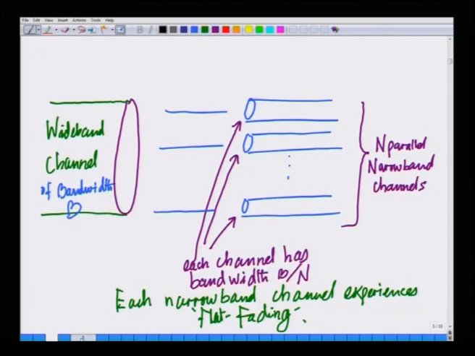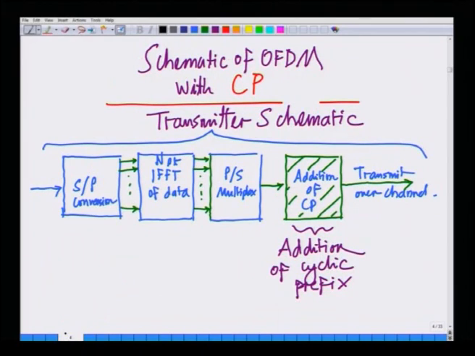And we also said that the system architecture is now modified with the addition of the cyclic prefix block.